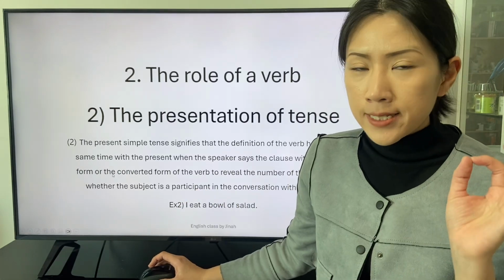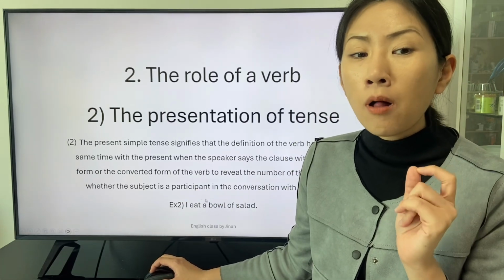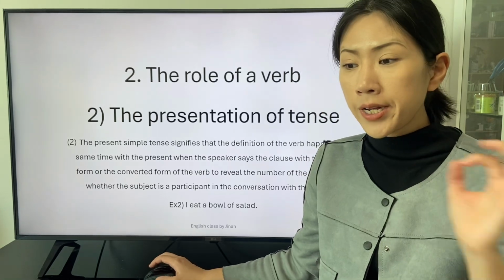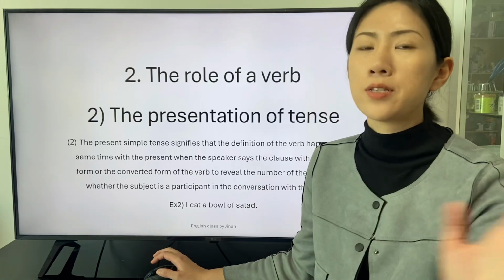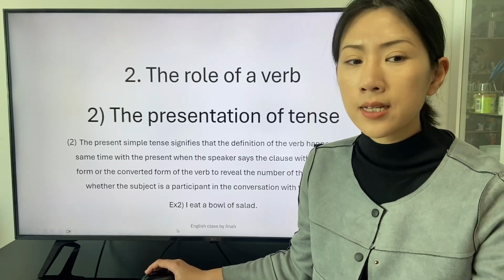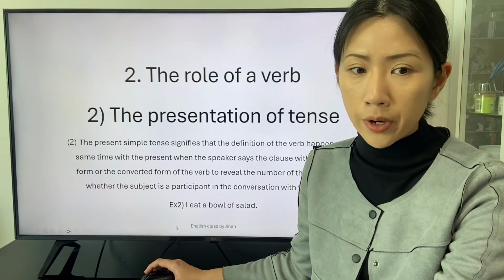There is an exemplary clause: I ate a bowl of salad. This clause is about the speaker. The speaker is a participant in the conversation. So the transitive verb eat stays in its original form.